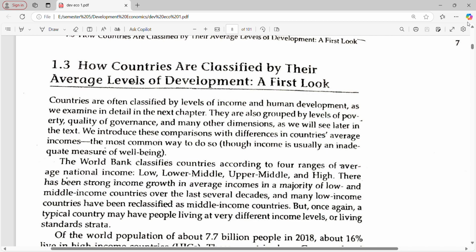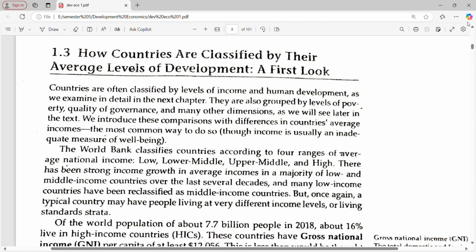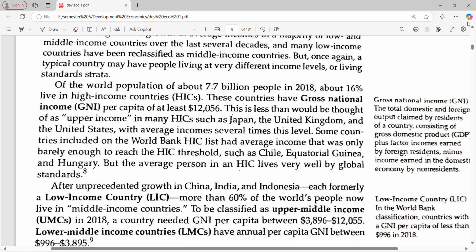How are the countries classified here? So, the countries are often classified by income levels and human development indicators. The World Bank groups nations into 4 income categories. Low income country. Okay, I'll show you.